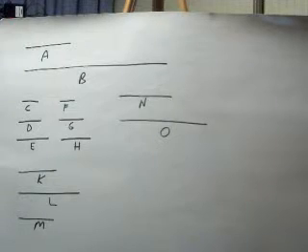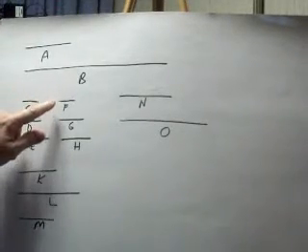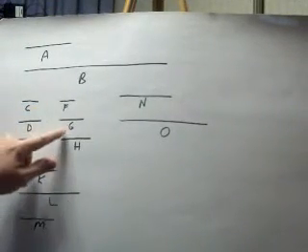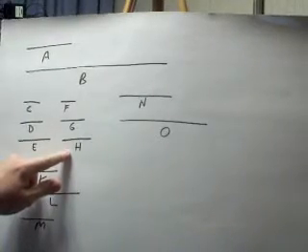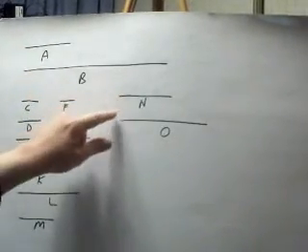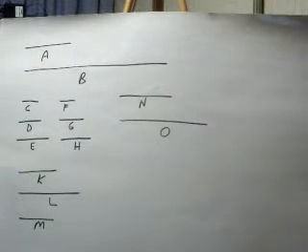Let's do it this way. As C is to F, so as D is to G, so as E is to H, so as A is to N, and N is to O. Did you follow all that? I'm glad.